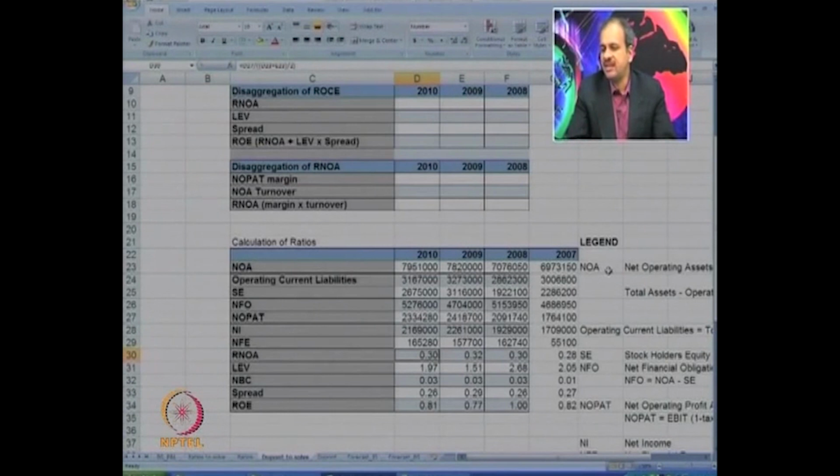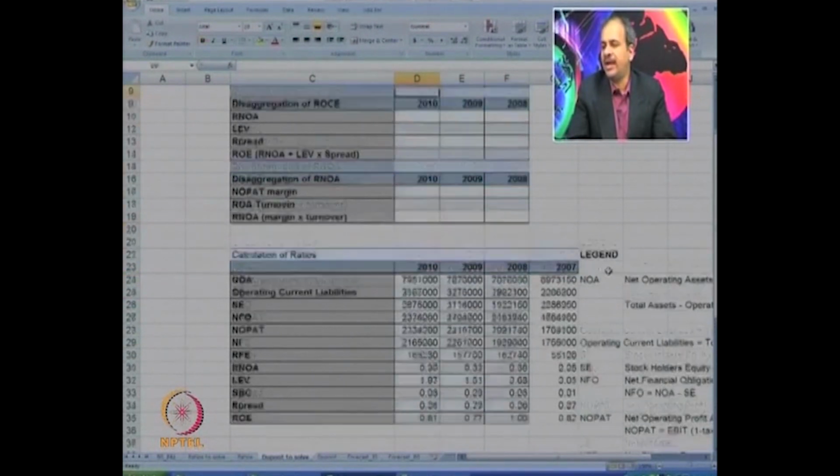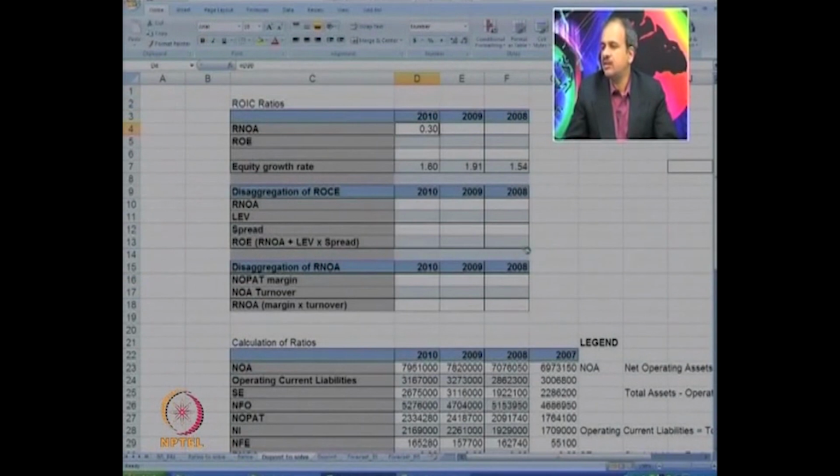D27 is nothing but NOPAT, wherein NOPAT upon NOA is the RNOA. We already have the figure, so let us drag it for the 3 years. It is around 30%, slightly it went up to 32 in 2009.